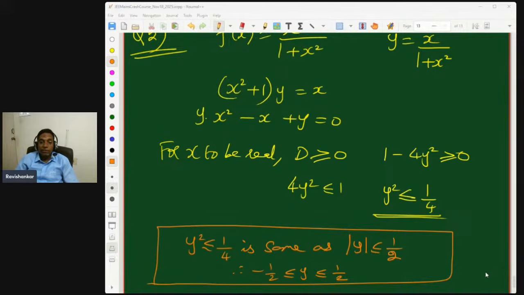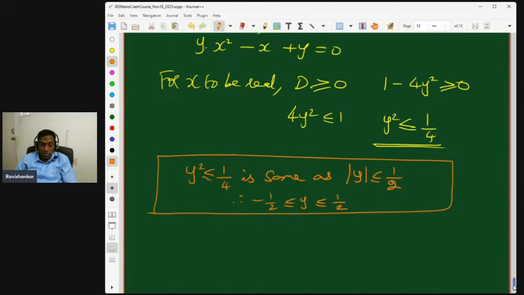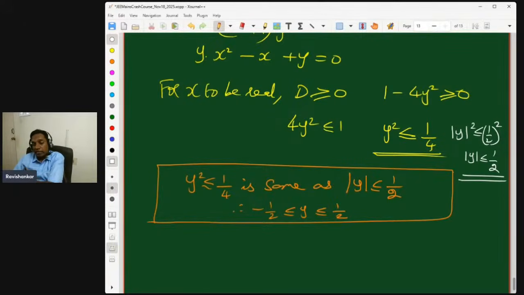So just like we saw for mod, okay, why? Because y squared less than or equal to 1 by 4, you can write it as mod y square less than or equal to half square, and both are positive. So you can say mod y is less than or equal to half. Okay, because mod y is negative never makes sense.